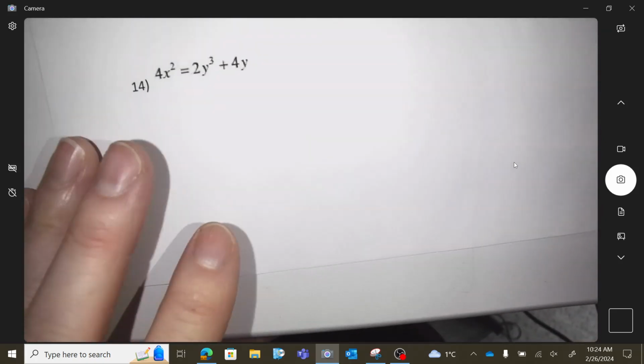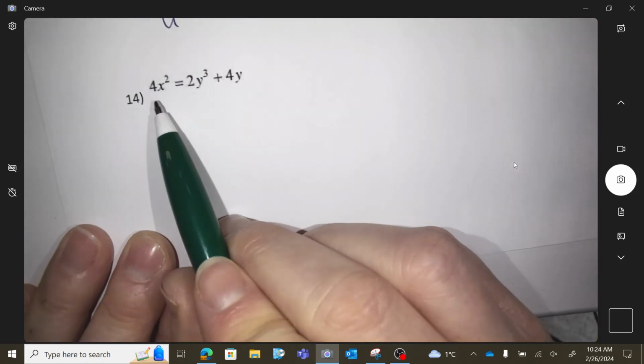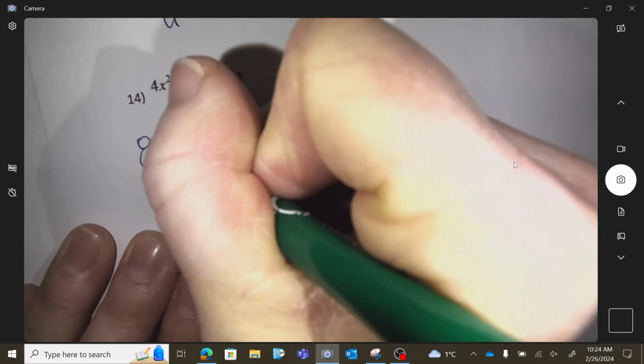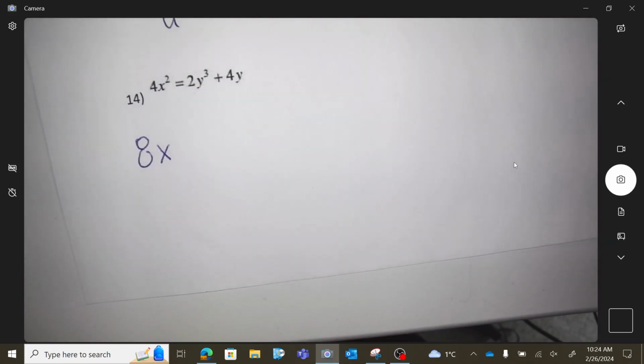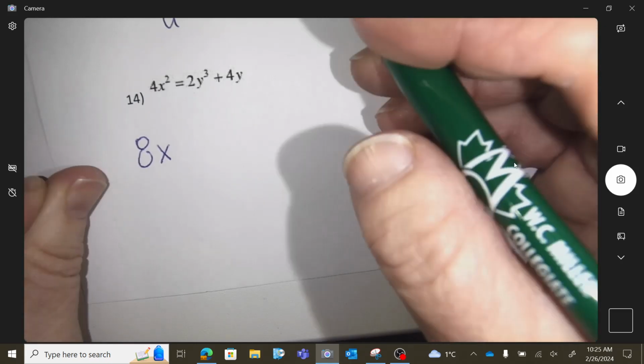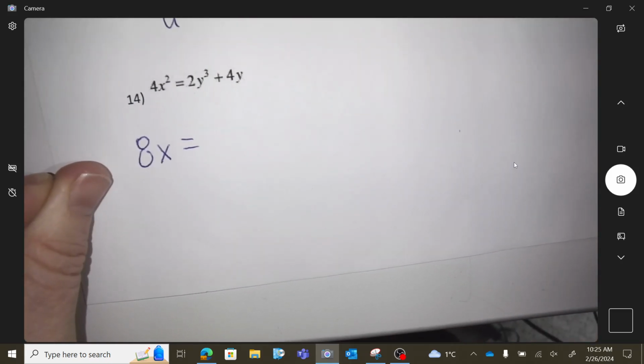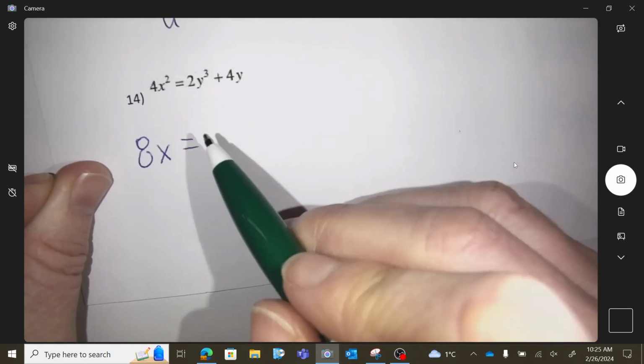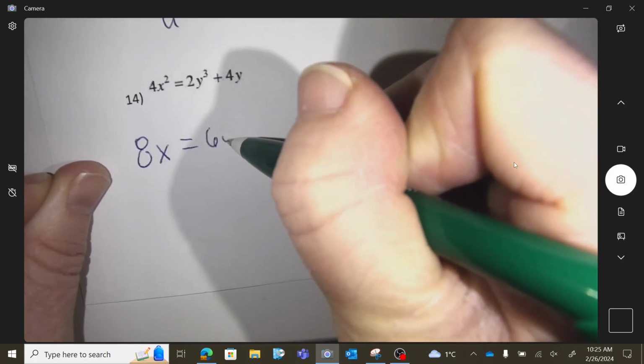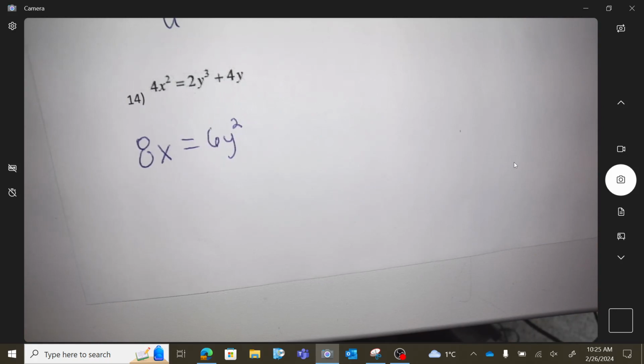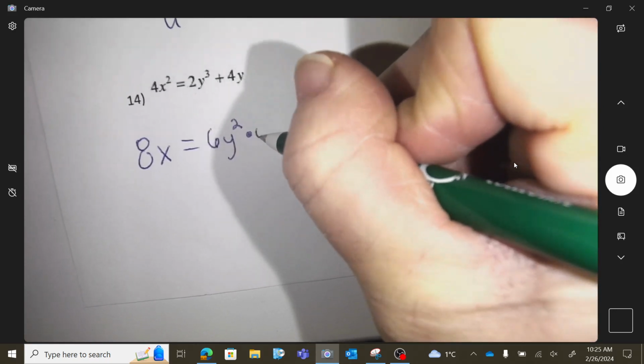Okay, so here we go. Derive, so that would be 8x, and I did that with respect to x, so no attachment. Deriving makes 6y squared, and I derived with a y, so I have to attach.